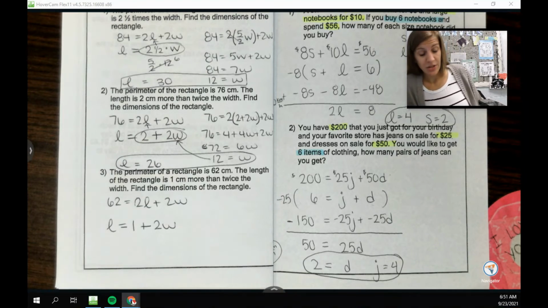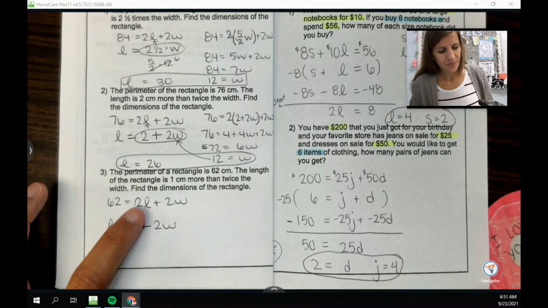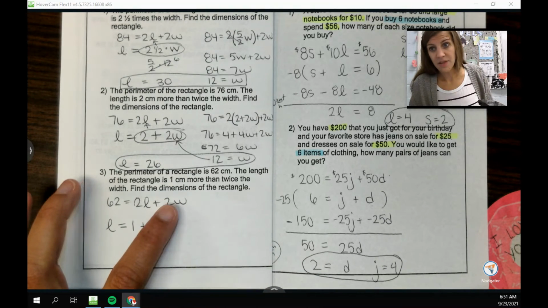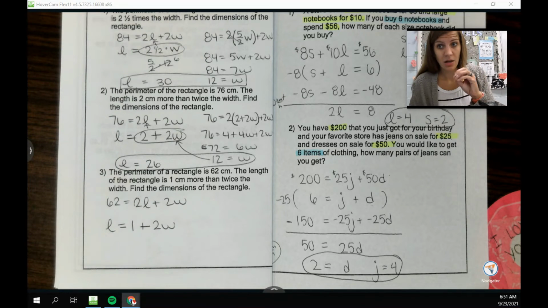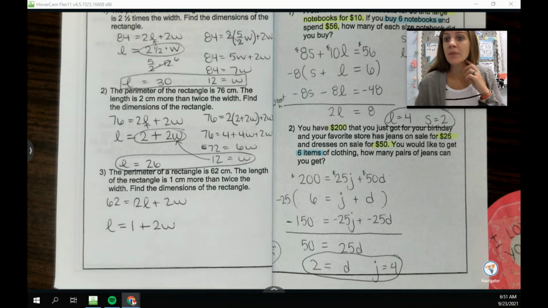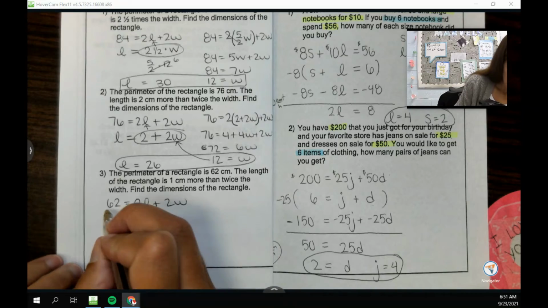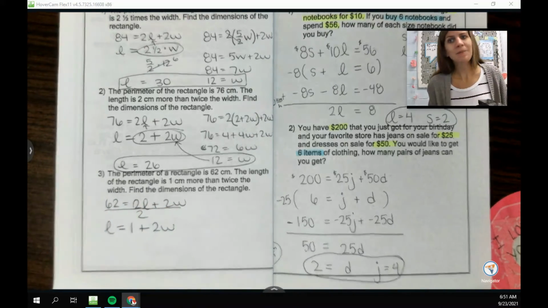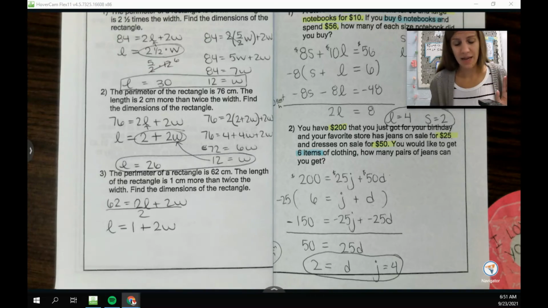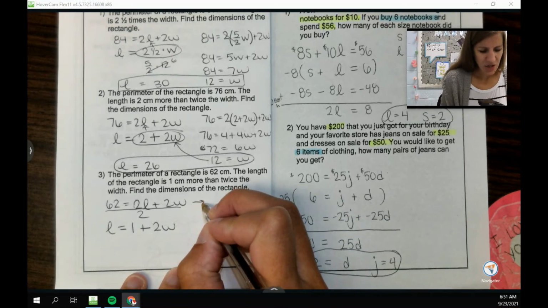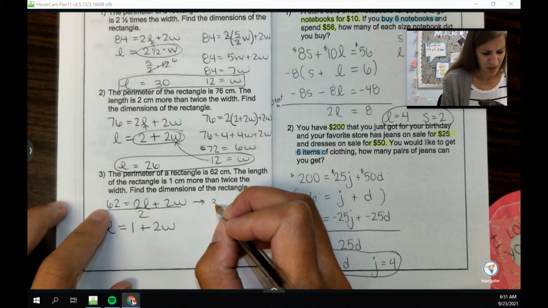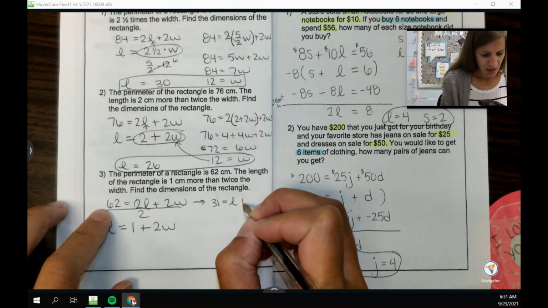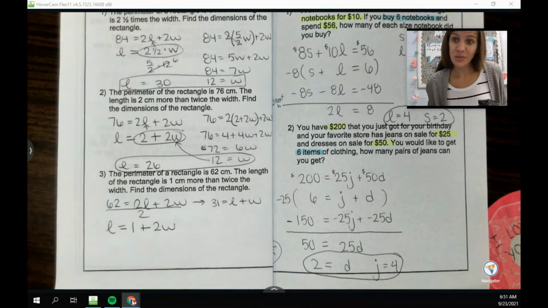So another trick that you can do, looking at the perimeter, all of the terms, so like all of the individual numbers, are divisible by 2. So kind of like with elimination, when I multiply a thing all by the number, I can divide a thing all by the same number. And that's nice to do here because then it just makes my numbers smaller. And smaller numbers are just nicer to work with.